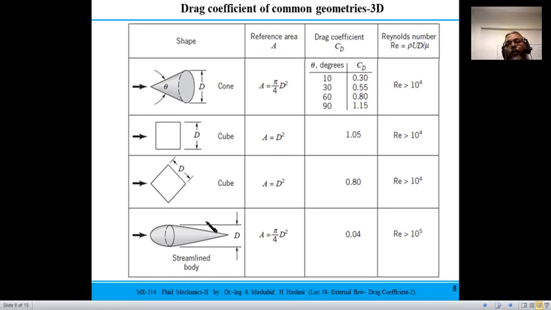And most of the time in vehicles also we talk about designing the vehicle in such a manner that your body is streamlined, like the so-called teardrop shape. So you could have a very low value of the drag coefficient. For example, for this particular shape, the drag coefficient is pretty low, which is for this high value of Reynolds number.